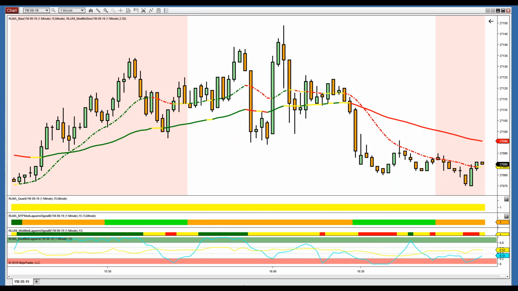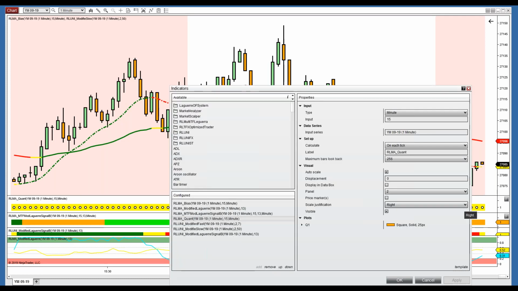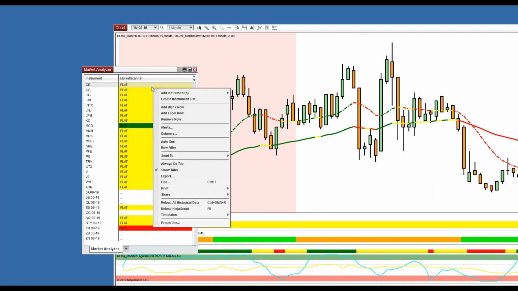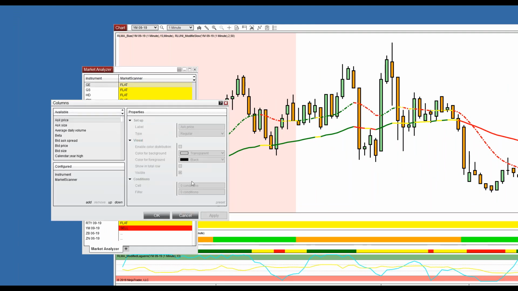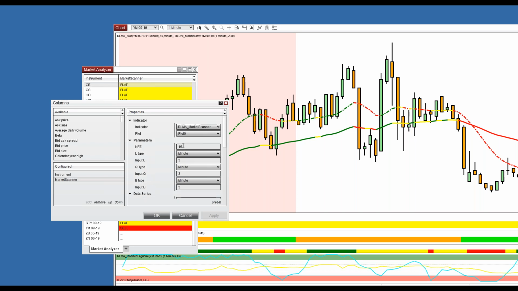Now, the analyzer is giving us a sell, as if this is red. Let me go back and make sure I changed all the settings correctly on the analyzer. Let's see, quant 3, 3, 3, and I think I did.